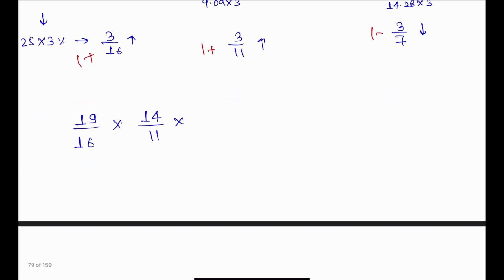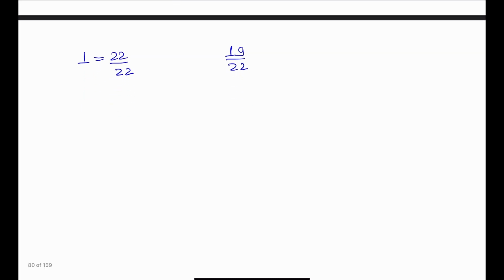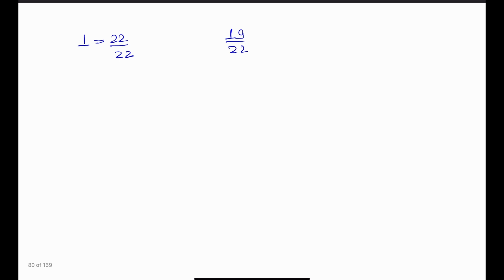So it will be 19 by 22. In the beginning the number was 1, then it became 19 by 22, so 1 can be written as 22 by 22. So actually it reduced from 22 by 22 to 19 by 22.